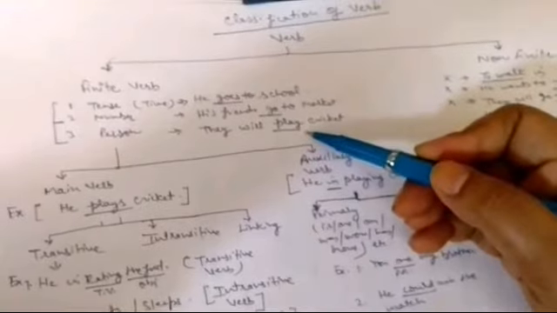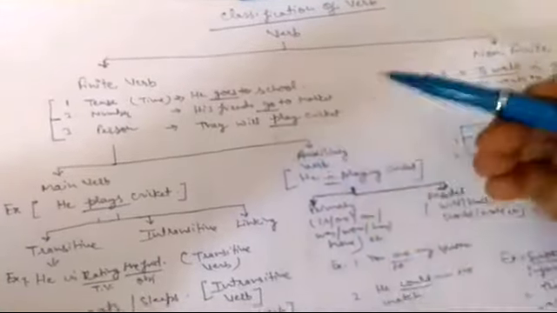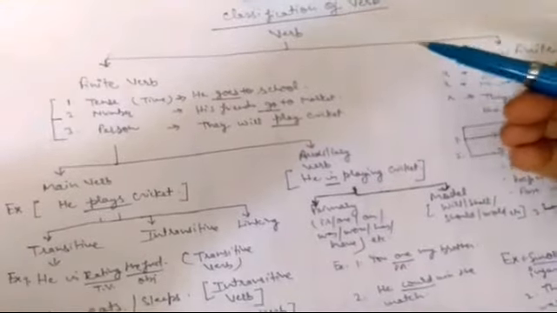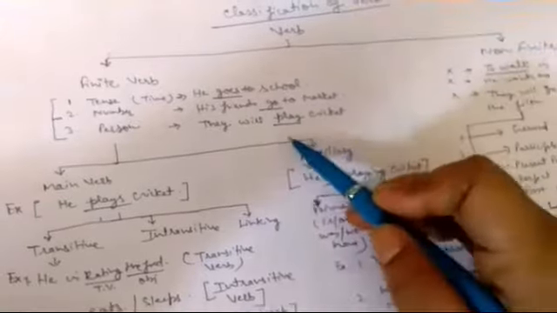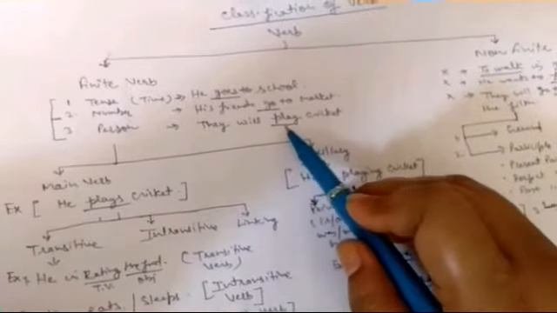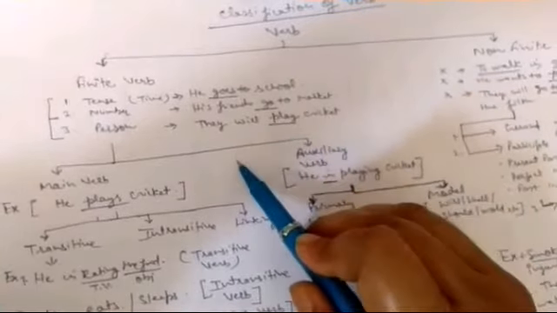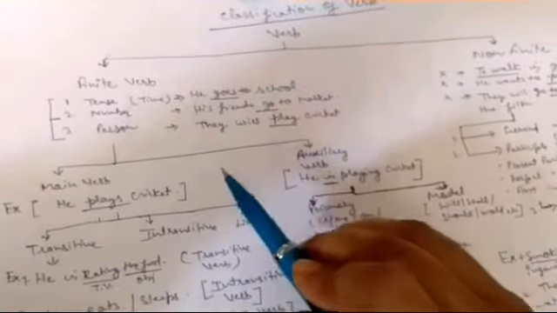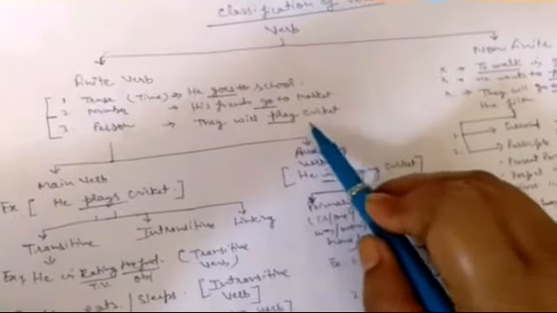Now it also indicates the person, whether it is first person, second person or third person of pronoun. Plural verb is used with plural person, plural first, second or third person of pronoun.